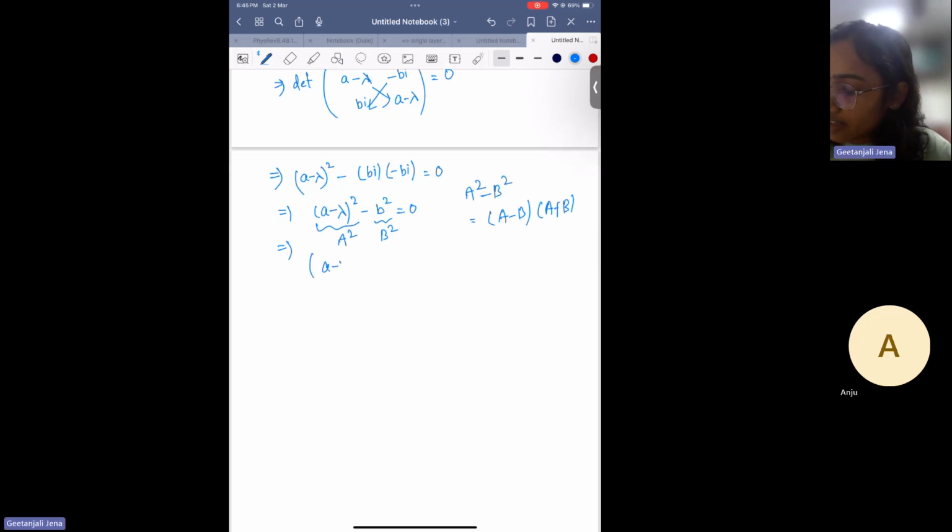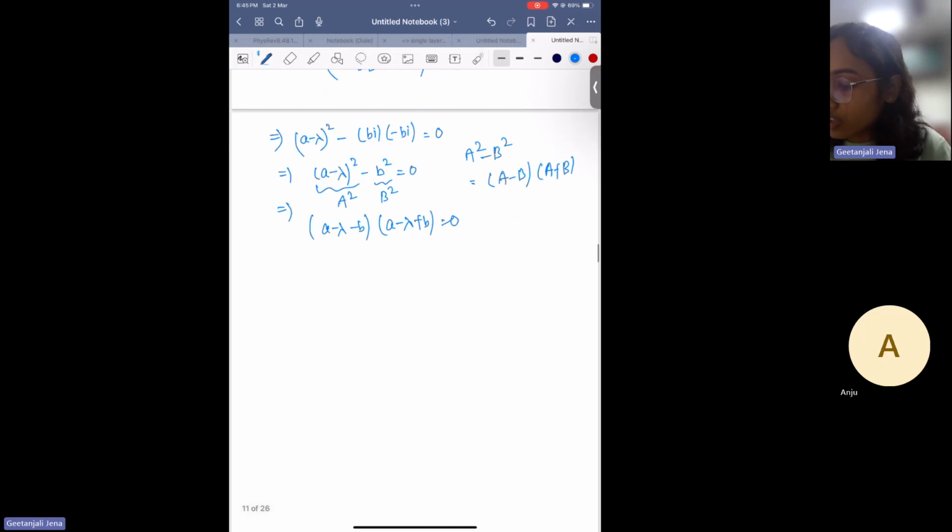So this is (A minus lambda minus B)(A minus lambda plus B) equal to 0. So that means an individual term is 0, because the right hand side is 0 and this is a multiplication of two terms. So A minus lambda minus B equal to 0, which gives lambda equal to A minus B.